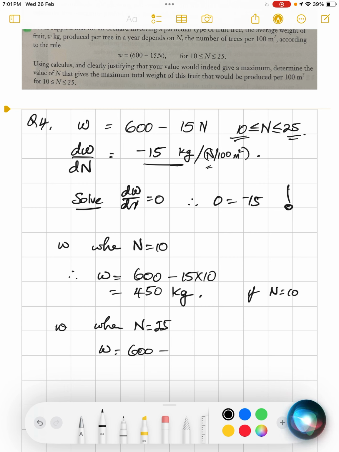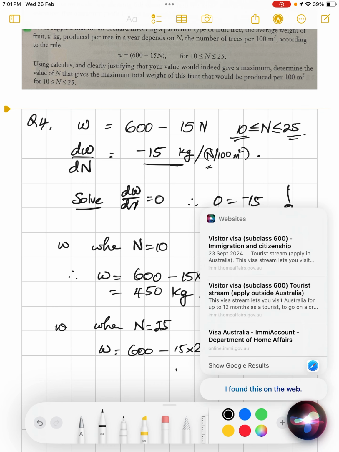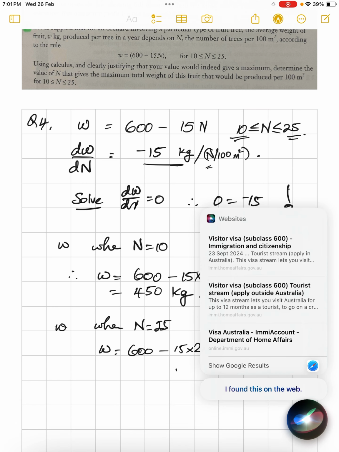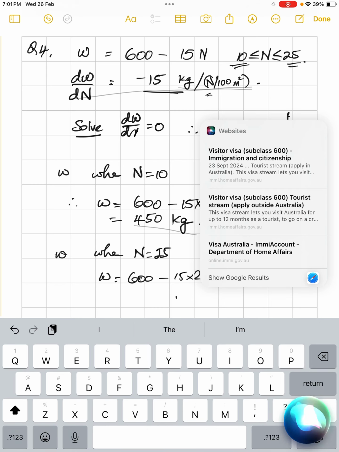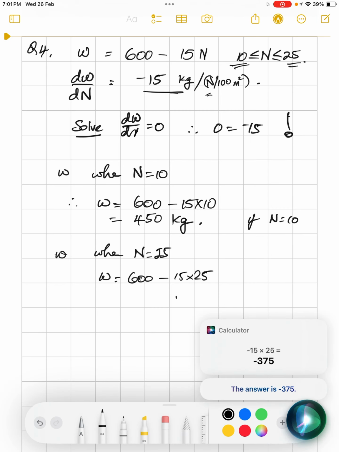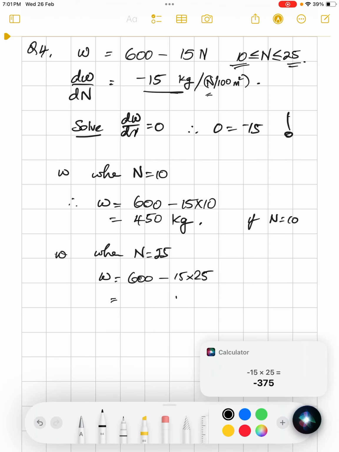Now, our weight when our other extreme value, which is 25. Determine the value of N that gives the maximum total weight of this fruit. Therefore, the value of N that gives us the maximum weight is, in this range, N equals 10 trees per 100 square meters.